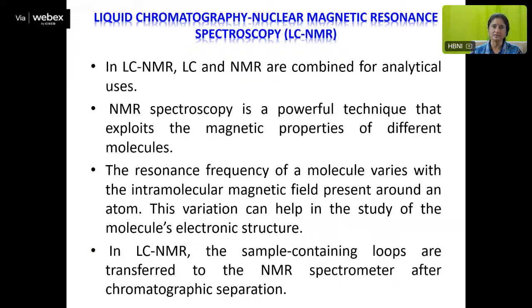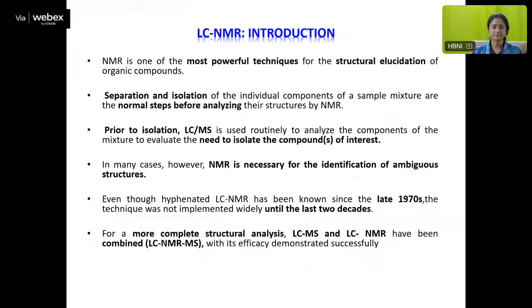So in LC-NMR, the sample-containing loops are transferred to the NMR spectrometer after chromatographic separation. In a sample, if it is a mixture of various components, you cannot do NMR of that mixture because it will be a very complicated spectrum. So first you have to separate those components, and then they can be sent to the NMR. So therefore LC-NMR is there.